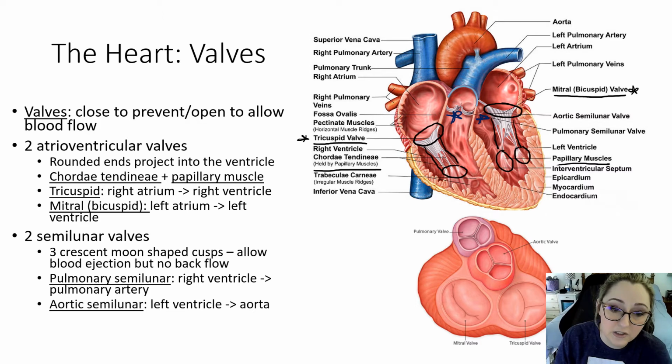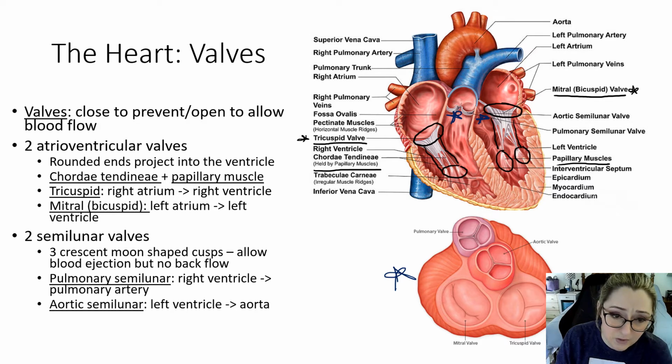These are going to look a little different from each other. We can see here in this graphic that they all look a little bit different. This is from a superior view looking down at a cross section of the heart, specifically looking at the valves.